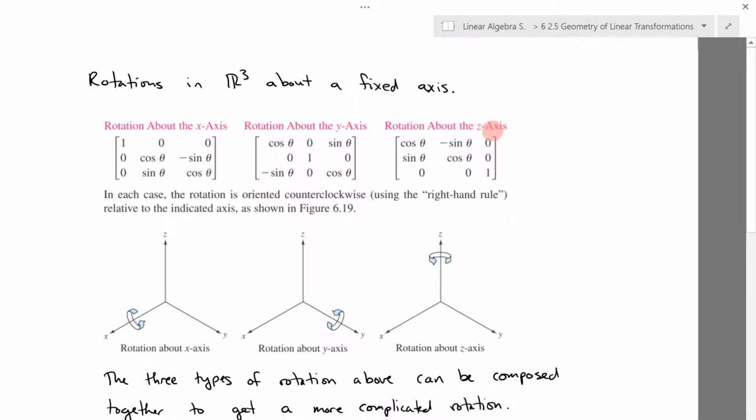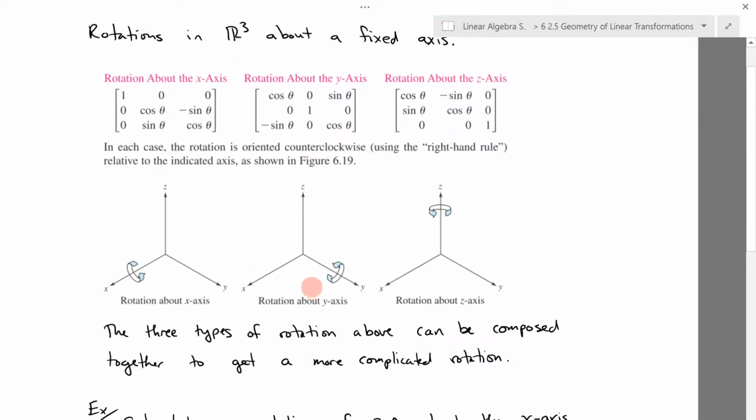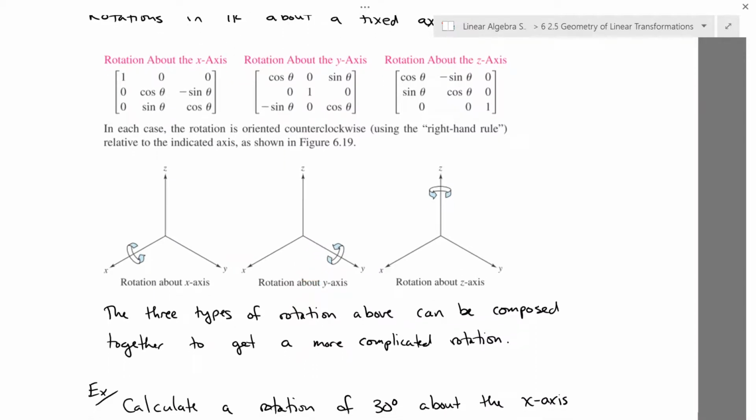And then similarly for this rotation. In each of these three types of rotations, what you can do is you can compose them together in various different combinations to get a more complicated rotation.